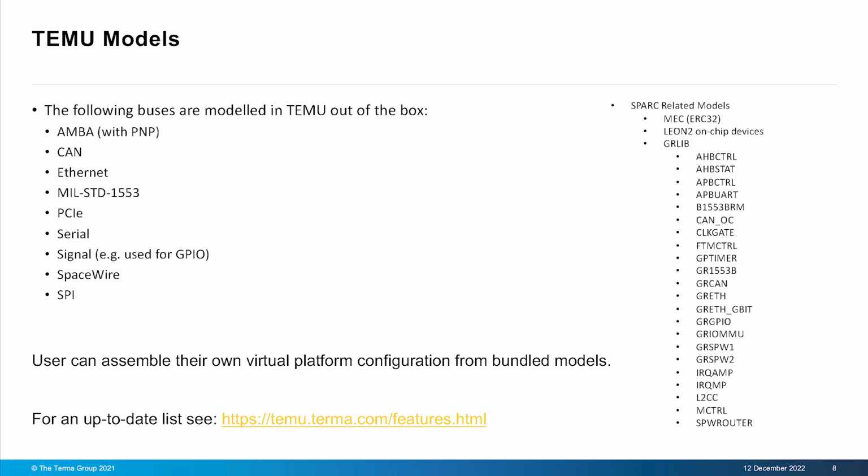On the right-hand side, you see all the GR-lib models that we have modeled. We typically add them when people need them. I think they cover most of the GR740. Maybe there's one missing, but it's stuff we add when we need.